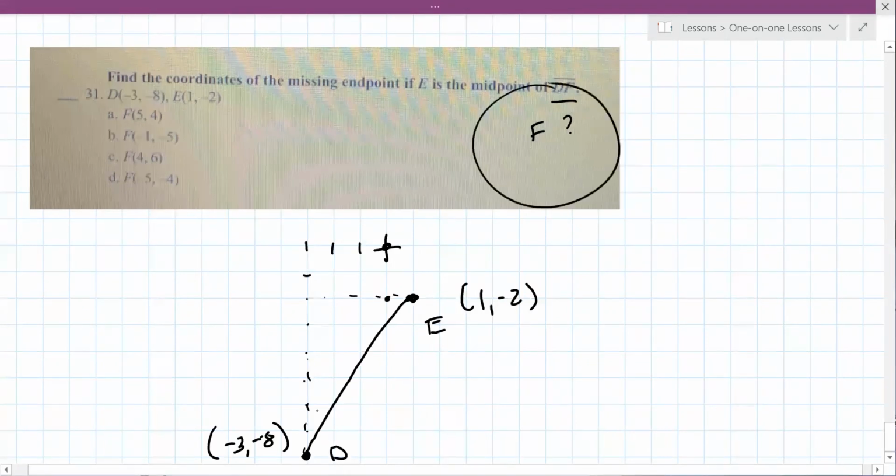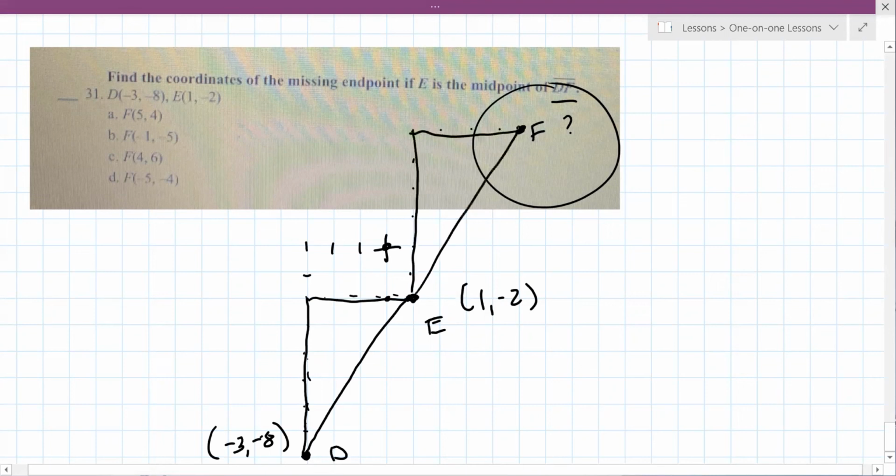You start at D, you go up some amount, you go right some amount, and you do the same thing to get to F. If you draw another one of these triangles, here I went up 1, 2, 3, 4, 5, 6. So if I go up 6, and then I go right 4, there's F. I go up and right the same amount. Do you follow that?